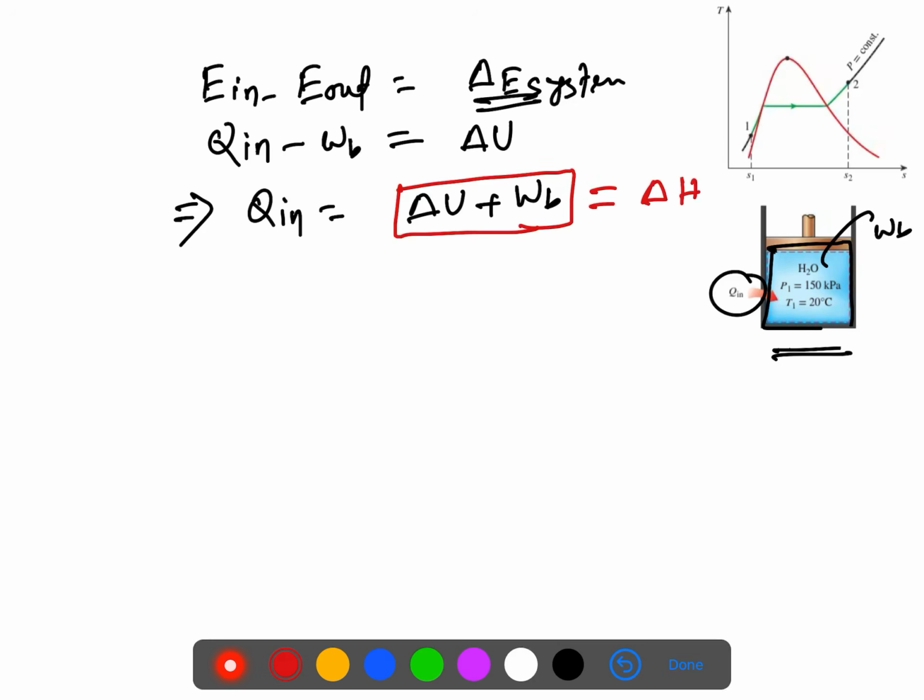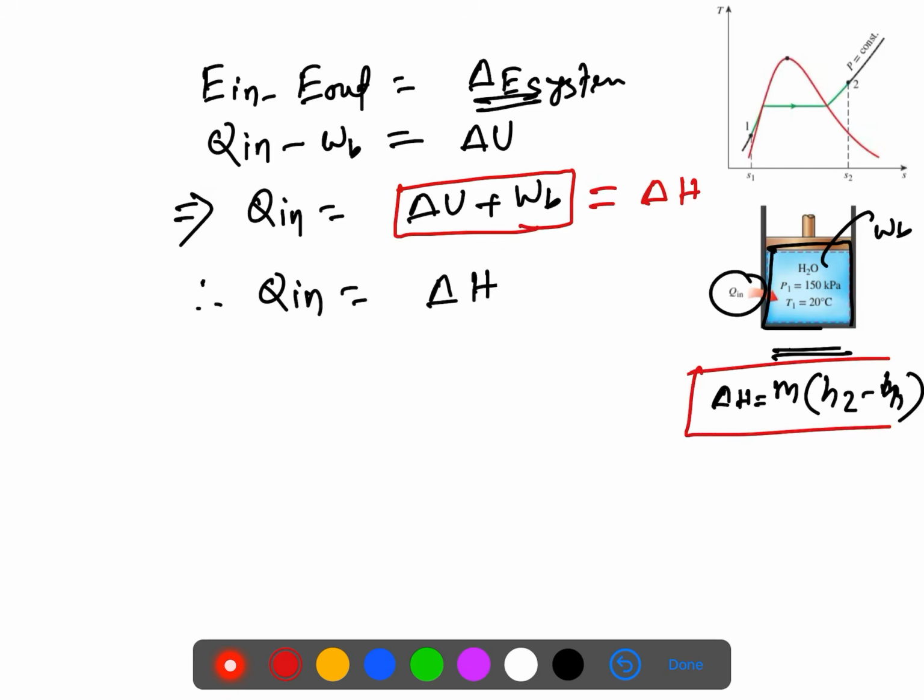So that means this expression now becomes Q in equals delta H. And the enthalpy change is delta H equals h2 minus h1, and we have the mass, so m times (h2 minus h1). So we can write Q in equals m(h2 minus h1).